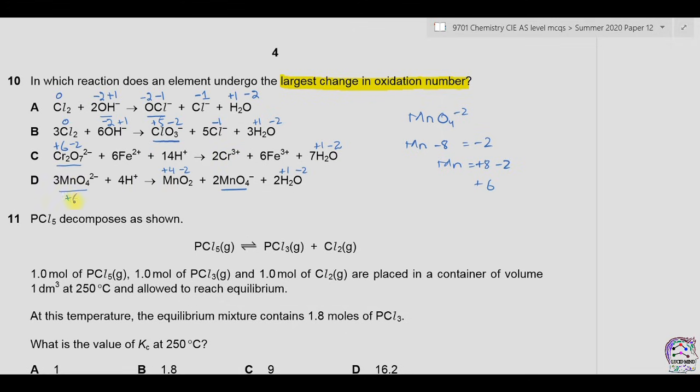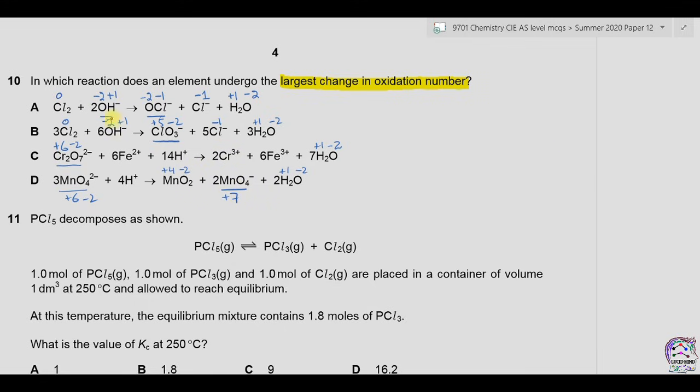So we have +6 for Mn, -2 for oxygen, +1 for hydrogen. In MnO4-, we can also find the oxidation state of Mn. There are 4 oxygen atoms and the overall charge is -1. So the oxidation state of Mn is +7.